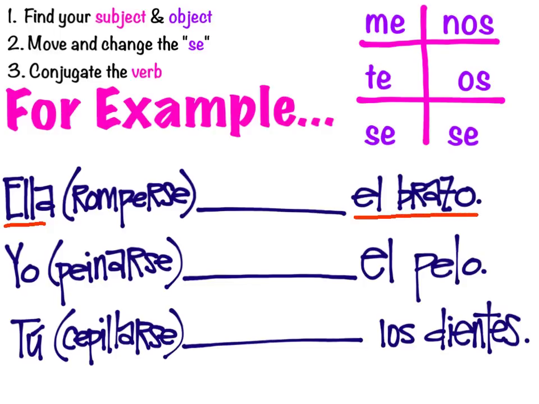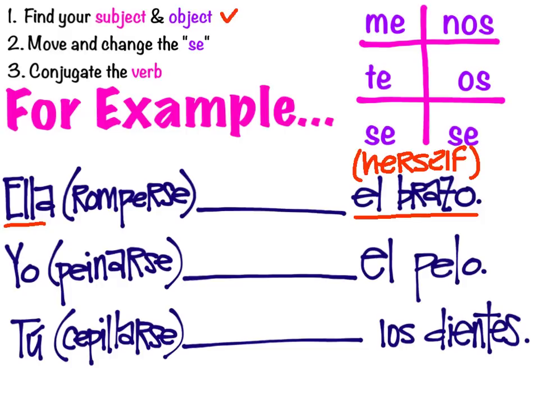So we know that ella is she, and el brazo represents the arm, or her arm, and we can also think of that as herself. And if that helps, we'll write it up here above el brazo. Okay, so we've completed step 1. We found the subject and object.